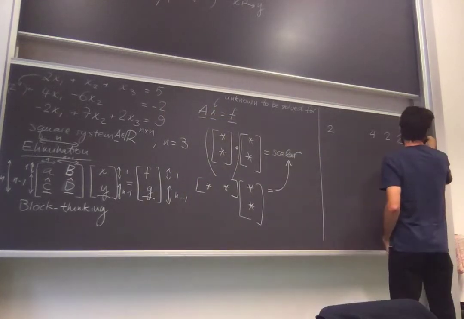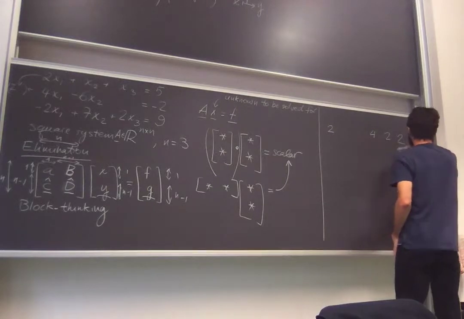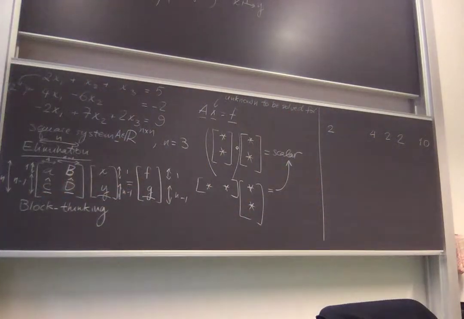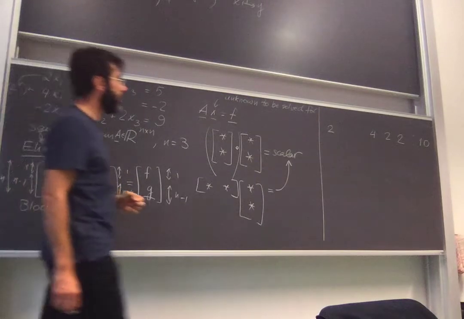Because I have to drag the 5. Just let me write it down. So that result there, which is going to be 4, 2, 2 here, I subtract it from this one here. What do I obtain?